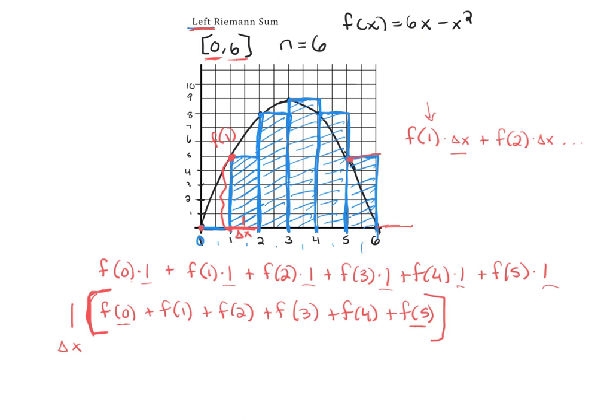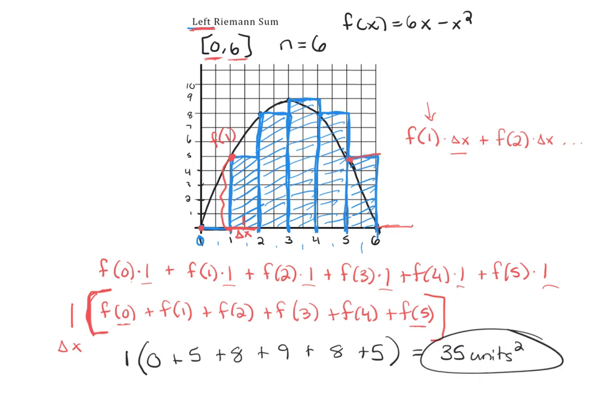Let's get our function values on here. So 1 times f of 0 is 0, f of 1 is 5, f of 2 is 8, 9, 8, and 5. And you should get that that equals 35 units squared.